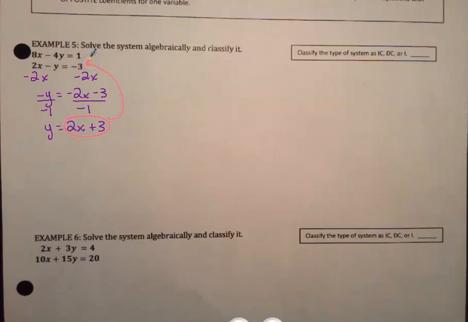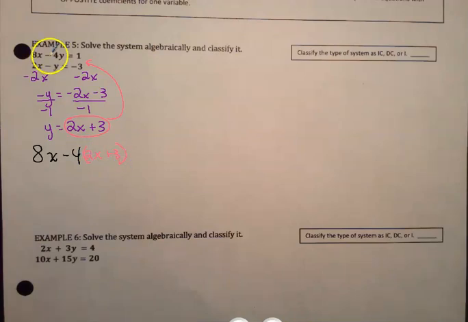I can't use the one that I used first. So I'm going to take this 8x minus 4, but my y, I'm going to put my y in there. y is 2x plus 3, in a quantity.